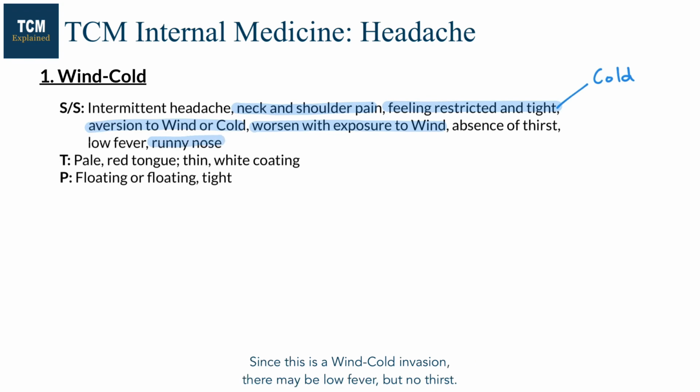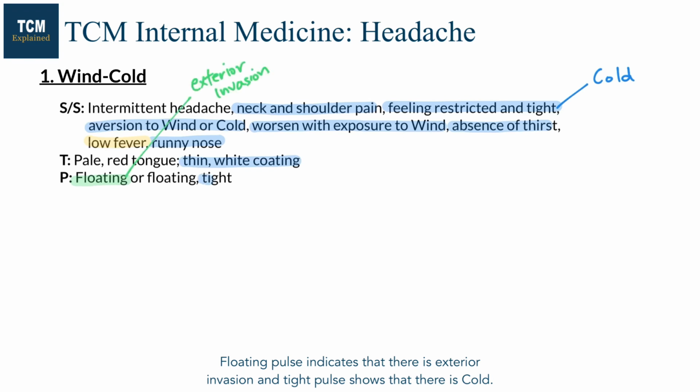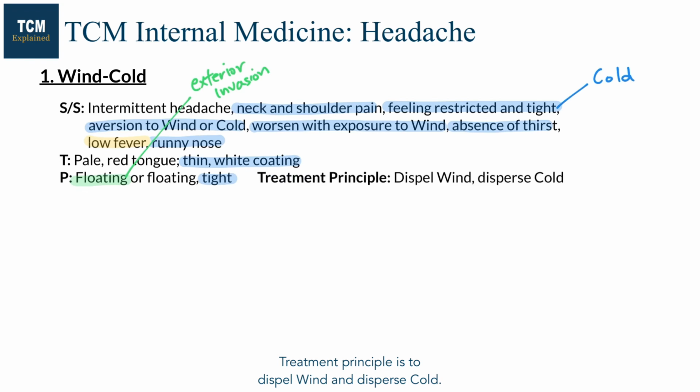Since this is a wind-cold invasion, there may be low fever, but no thirst. Thin white coating shows that there is no heat, and the disease is acute in nature. Floating pulse indicates that there is exterior invasion, and tight pulse shows that there is cold. Treatment principle is to dispel wind and disperse cold.